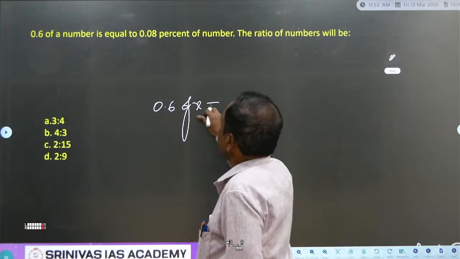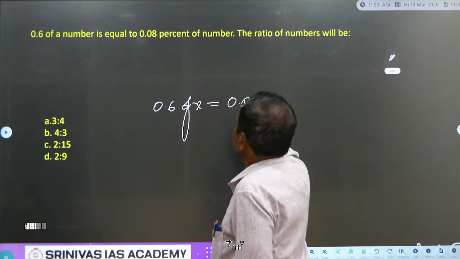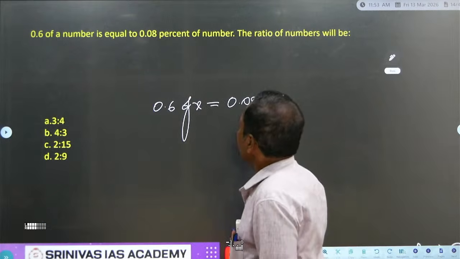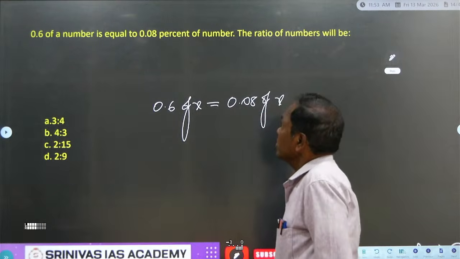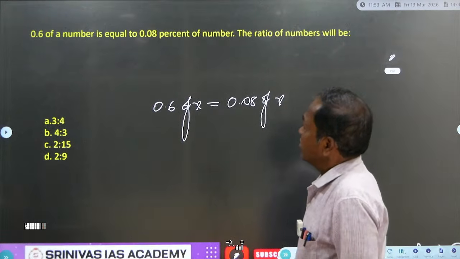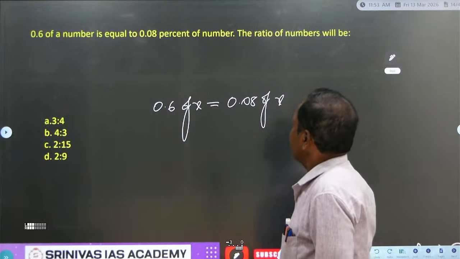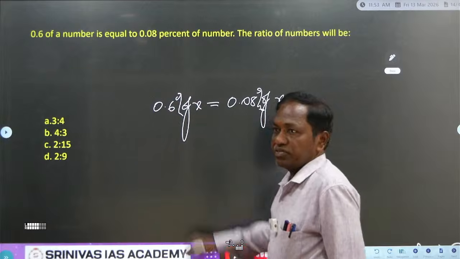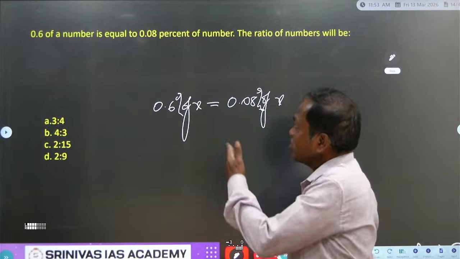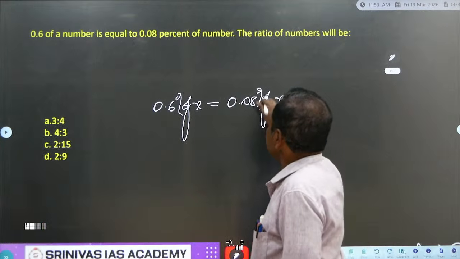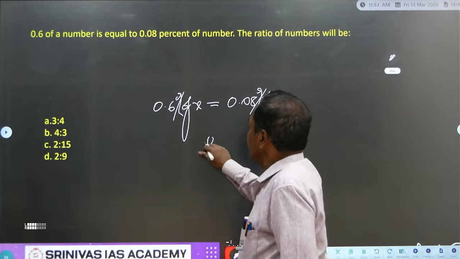X equals 0.08 percent of the number. Percent is there on both sides, so the percentage gets cancelled. You can say 0.6.